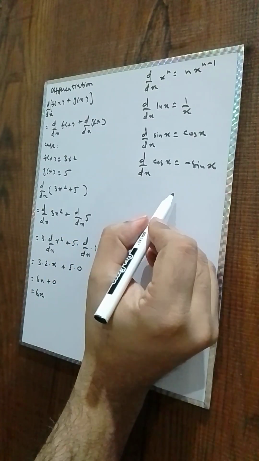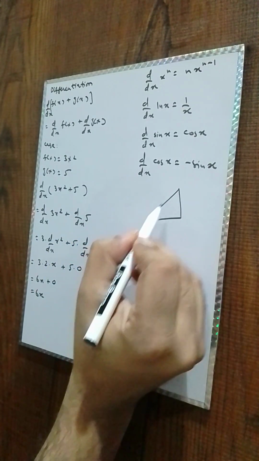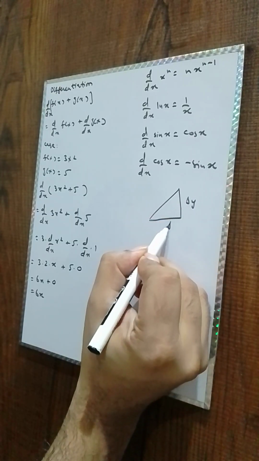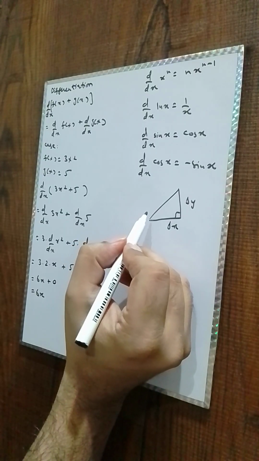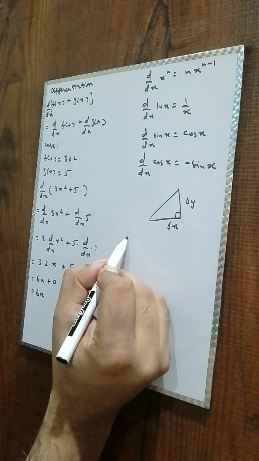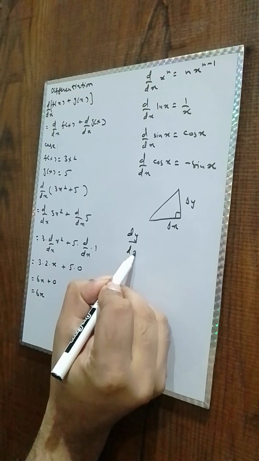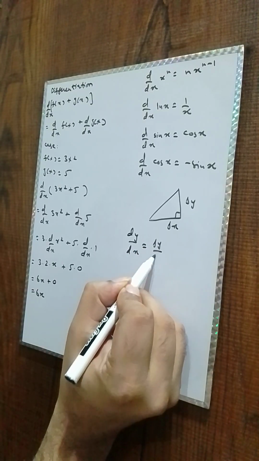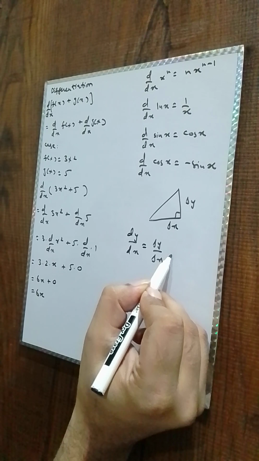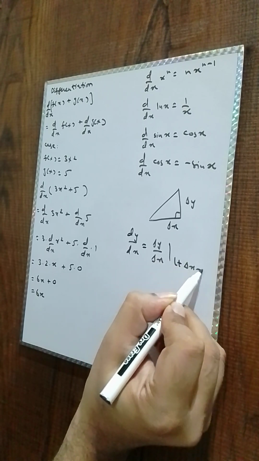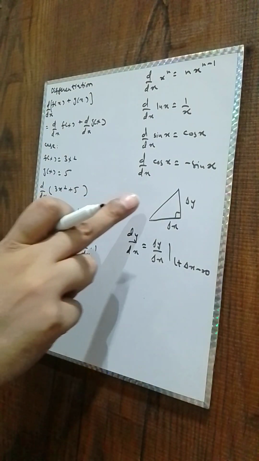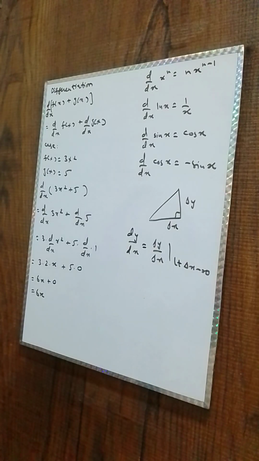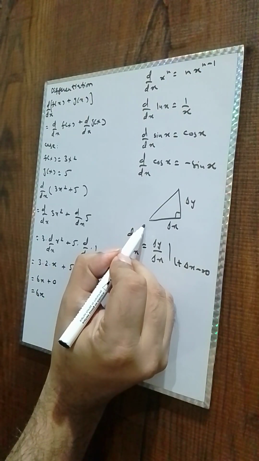From ab initio we know that d by dx is delta y by delta x, and d by dx basically is equal to delta y by delta x with limit delta x approaching 0. This is the theory, actually the gradient, the slope between 2 points.